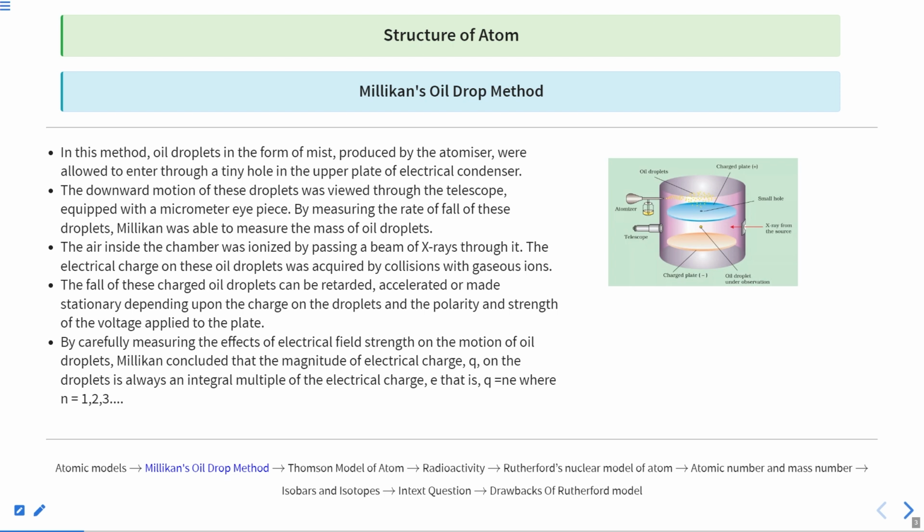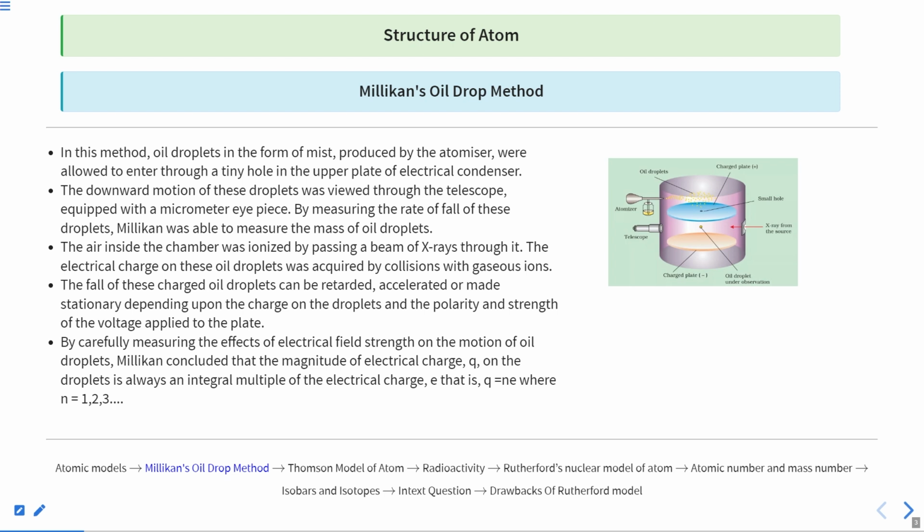We are spraying oil here, and that oil is accumulating on top of the blue plate, and on the blue plate we have a small hole in the middle through which the oil is dropping, or you can say leaking. With the help of the telescope we observe this oil drop and, from its motion, measure the mass of the oil drop. Clear? So we can easily calculate the mass of the oil drop.